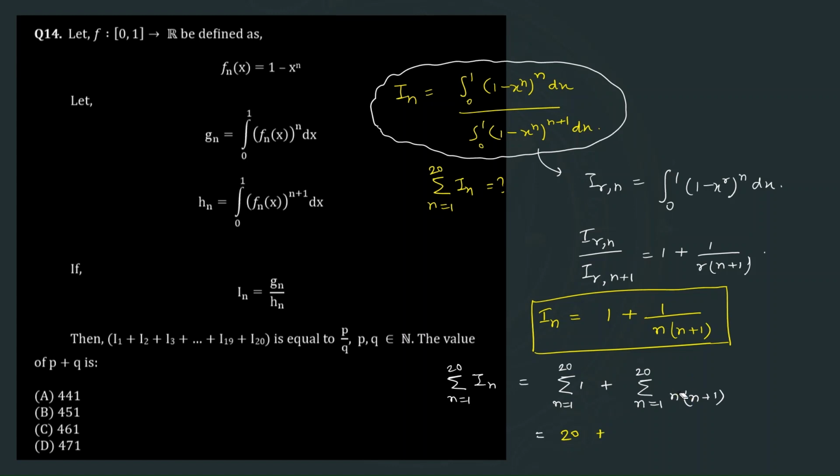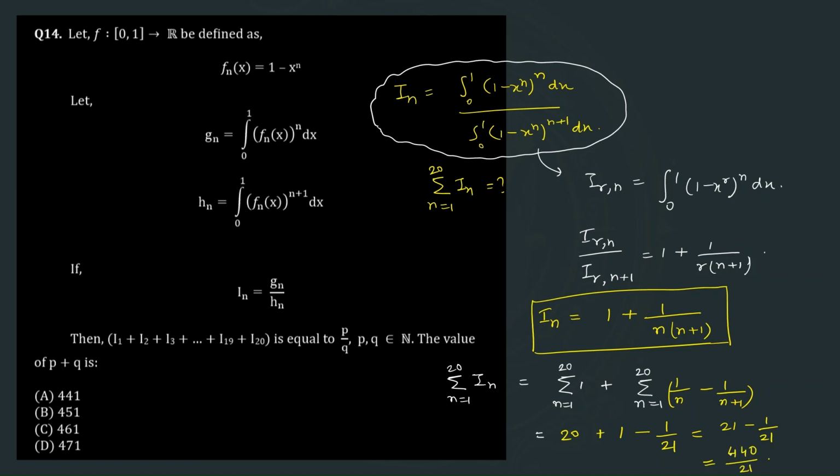So this we can write as 1 over n minus 1 over n plus 1, and by telescopic method it will come out to be 1 minus 1 over 21. So it becomes 21 minus 1 over 21. So this becomes 440 divided by 21.